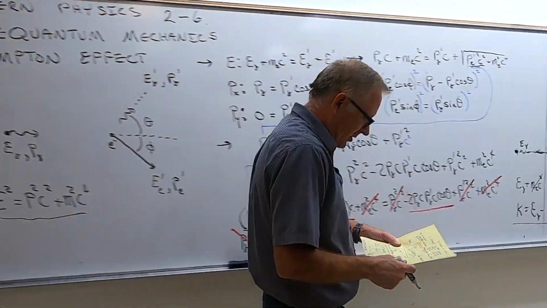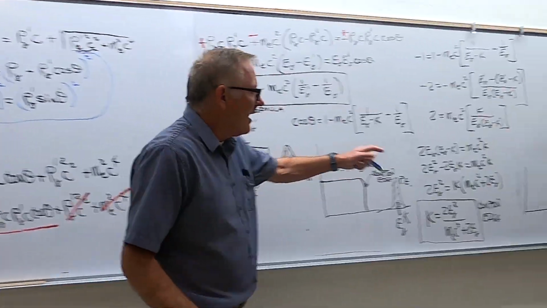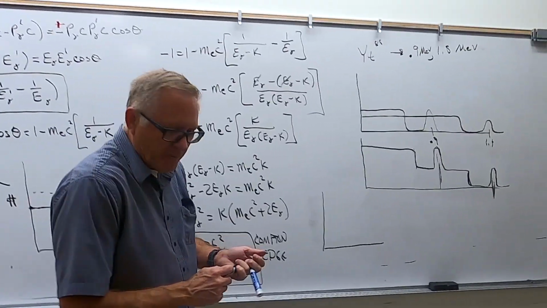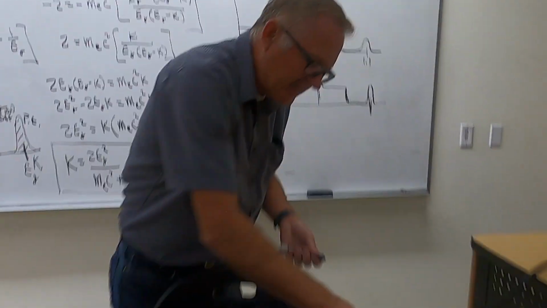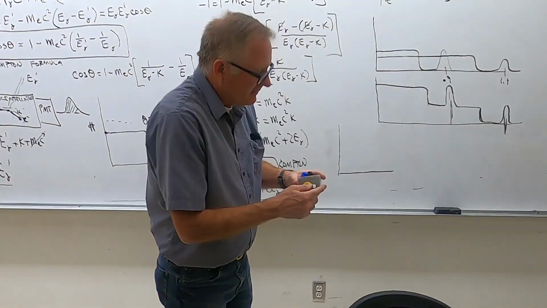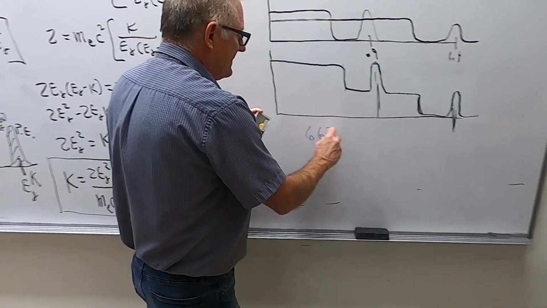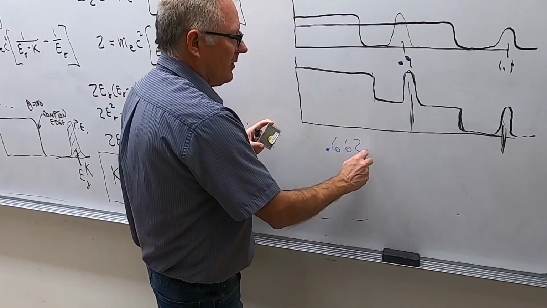Okay, so now what I want to do is show you some spectra, Compton spectra. And before I do that, here I have a cesium radioactive source. Cesium emits gamma rays at 0.662 MeV.